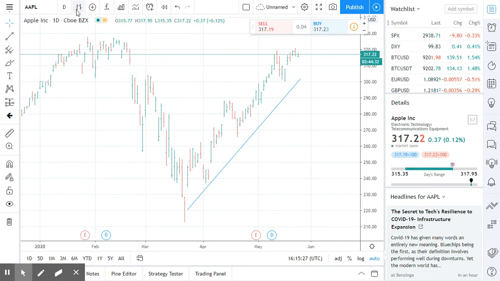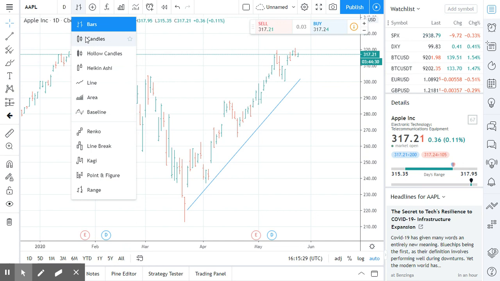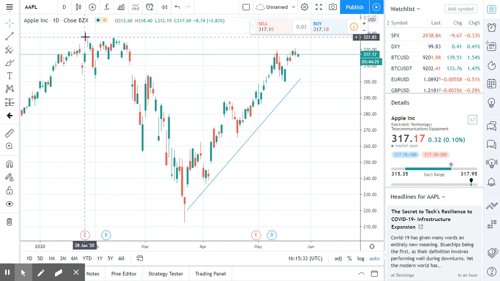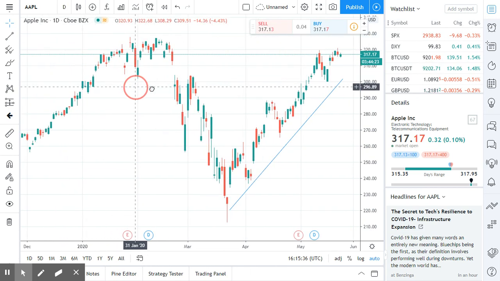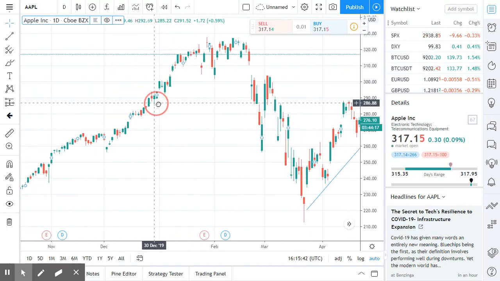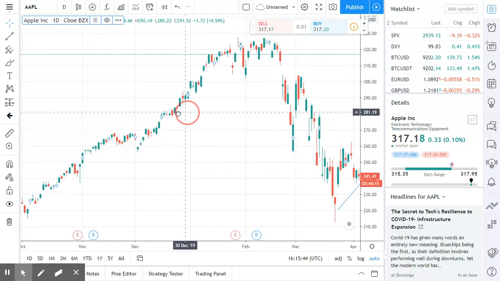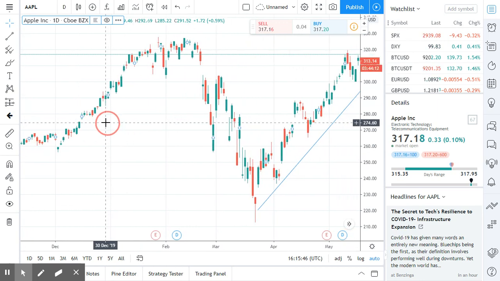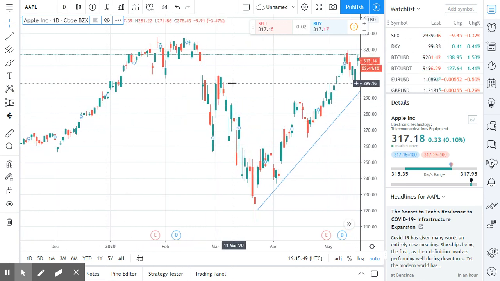The other one is candles, what others call candlesticks or Japanese candlesticks. These are the best, and everyone uses these. In fact, let me just say the whole world uses this. Candlesticks are best and easy to master, and there are a lot of candlestick patterns which you have to learn.